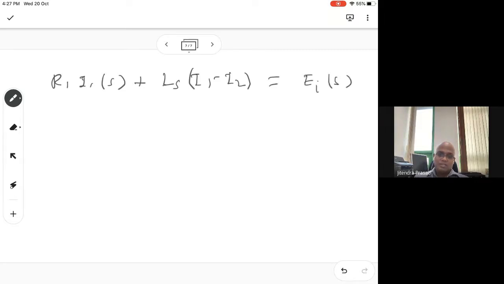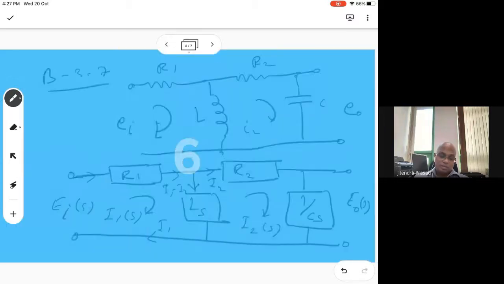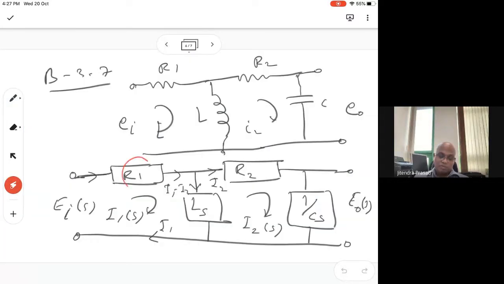This is the first equation, first loop. This multiplied by I1, this multiplied by I1 minus I2 should be equal to EI. This one will be I2 multiplied by this, and this will be the LS multiplied by minus I2, because this is this direction, and should be equal to 0.